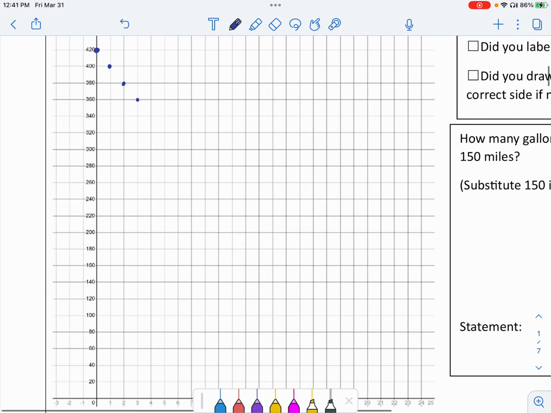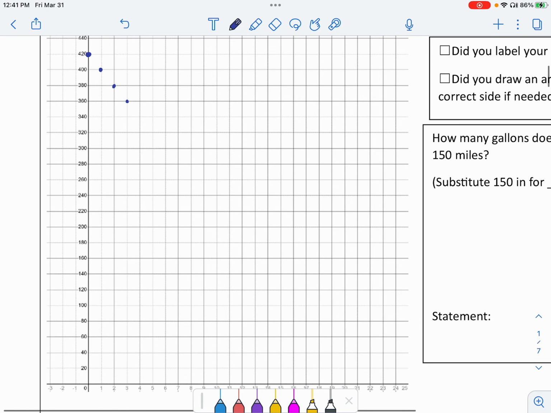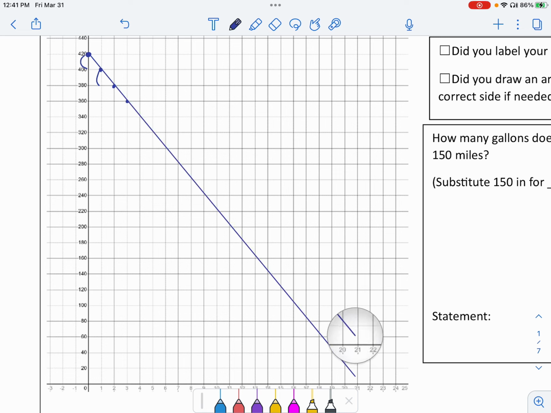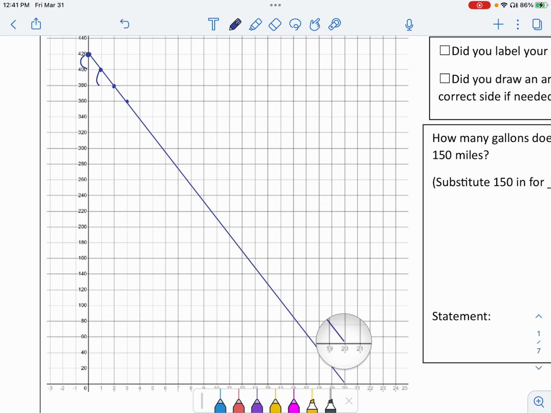So I'm going to grab the whole graph, my top line, I'm going to pull it straight down. I'm going to make it, oop, this pen must be a little off. Let's see here. There we go. Perfect.